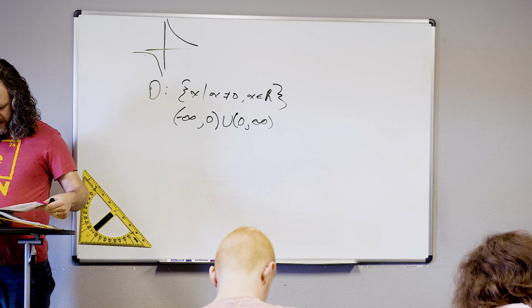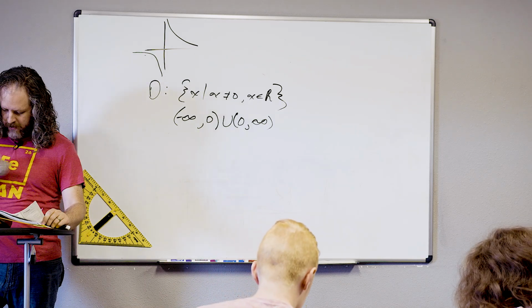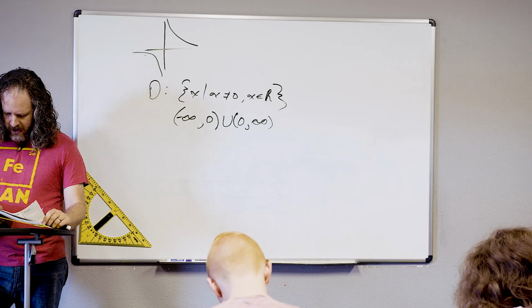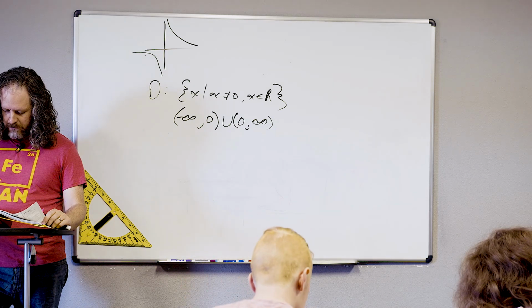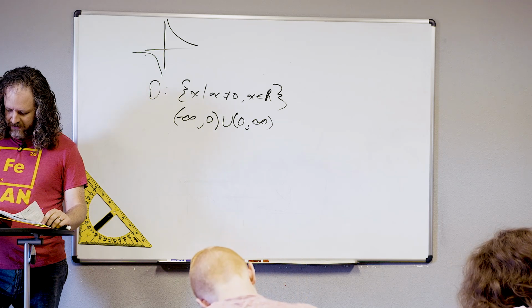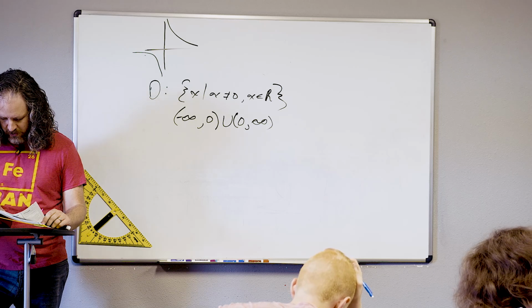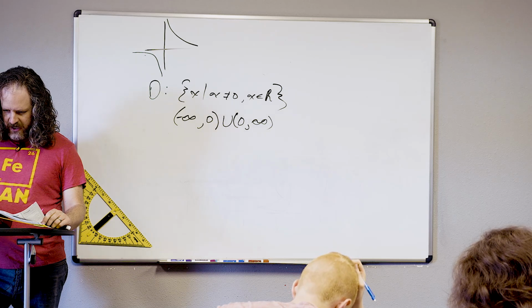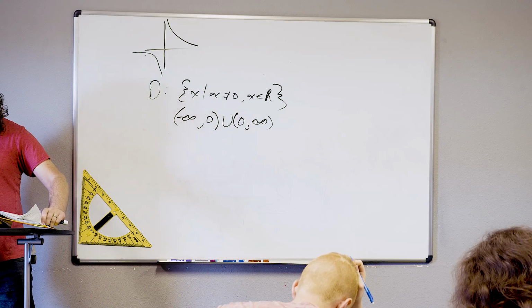Number 16, f of g of x is negative 50 x squared plus 145x minus 101. And g of f of x is 10x squared plus 25x plus 1. And f of g of 6 is negative 1,031.